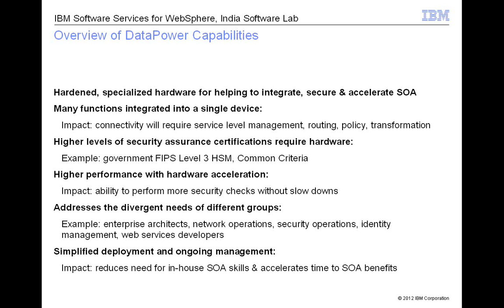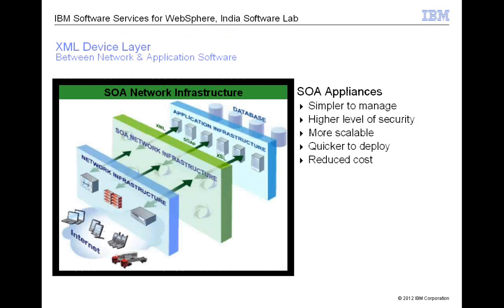Now, in terms of understanding where this device sits in the layers inside your organization, you have your application infrastructure: maybe SOAP-based web services, XML services, XSL services running in your application server, which is running business applications.